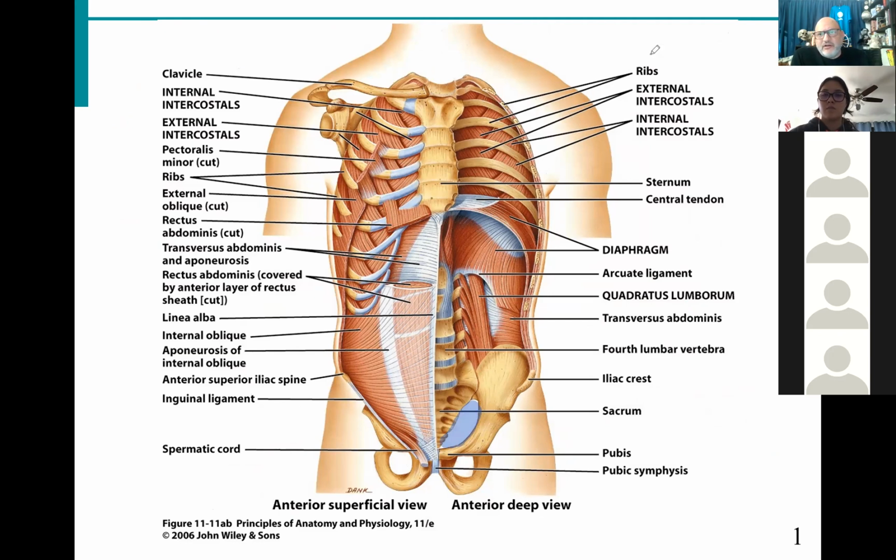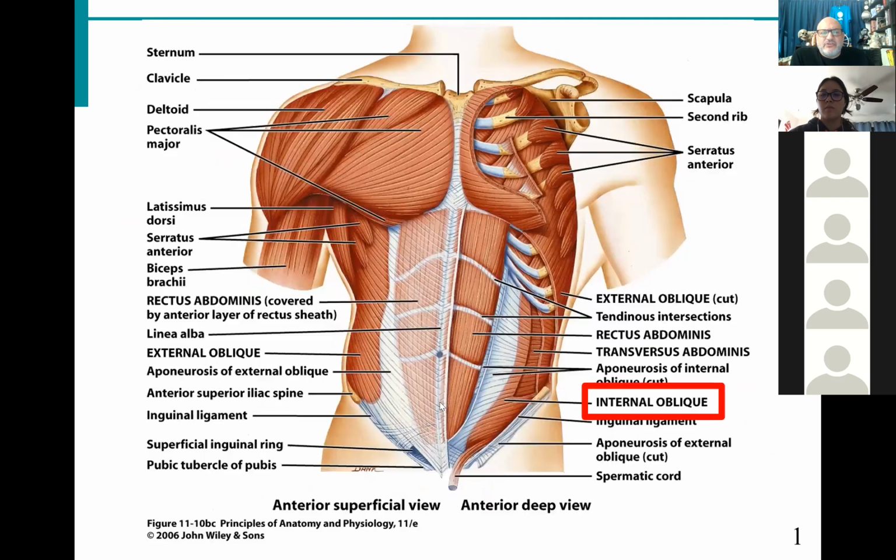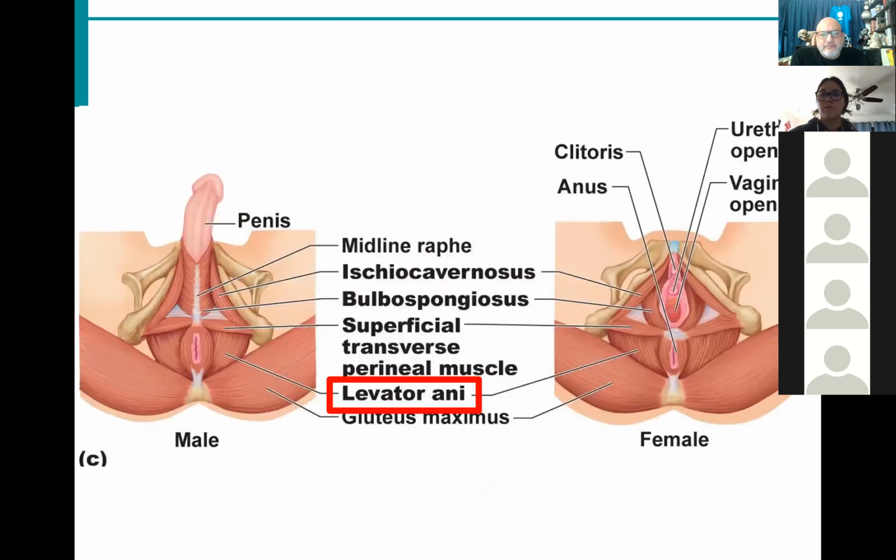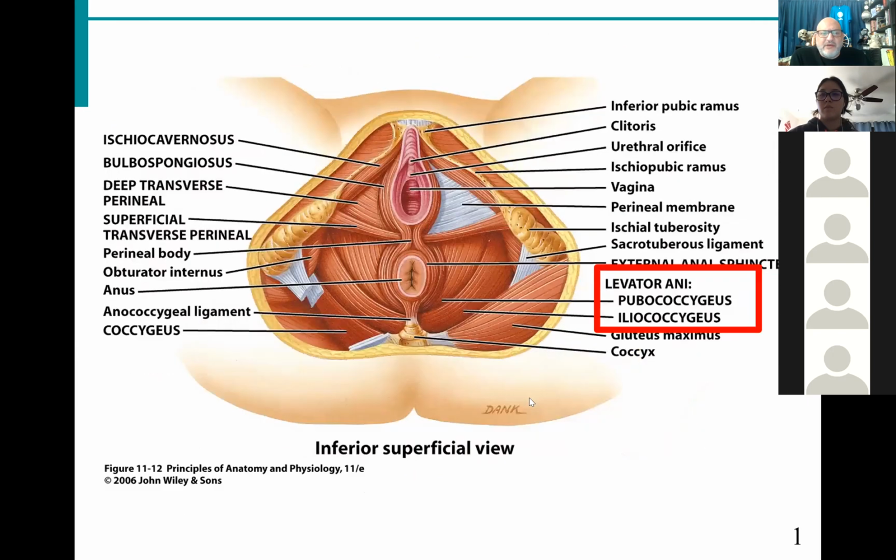That is the levator ani. It's the only thing in that region, so that makes it pretty obvious. I like this picture, although I'll come back to it in a second. So again, levator ani is that primary muscle, deep to the gluteus maximus in both males and females.